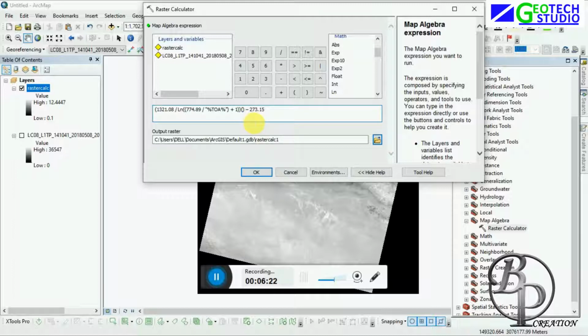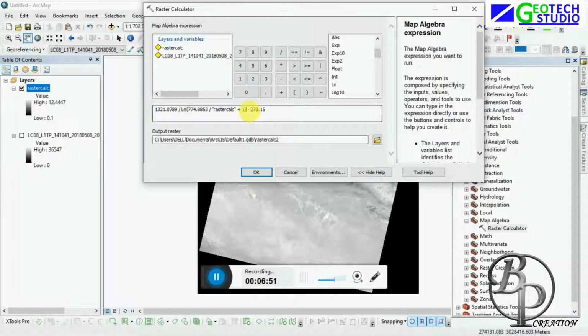Now we are going to delete that bracket too. Now we have to put our TOA file at that place. For that we have to delete that and add the raster calculator output that we got recently.